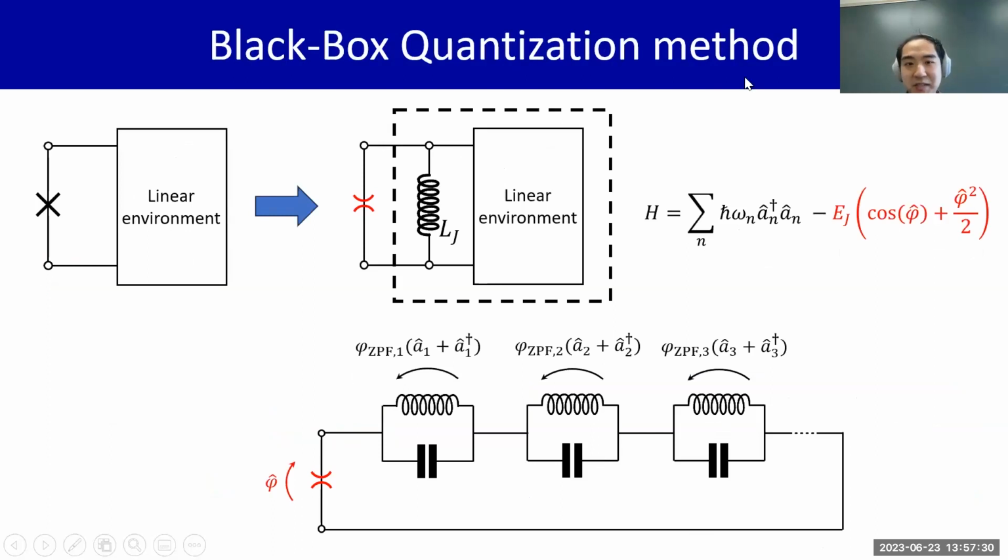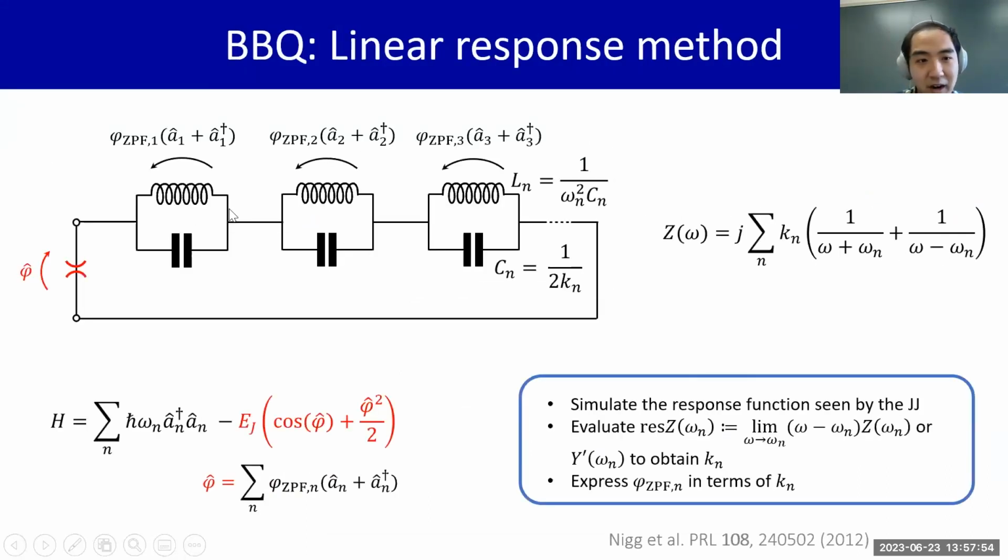So this is basically what we call the black box quantization method: we treat whatever linear parts as a black box, find the eigenmodes that correspond to these LCs, and then do the quantization by putting that phi into a cosine potential and adding hats, making them operators afterwards. So these eigenmodes are what we extract from HFSS.